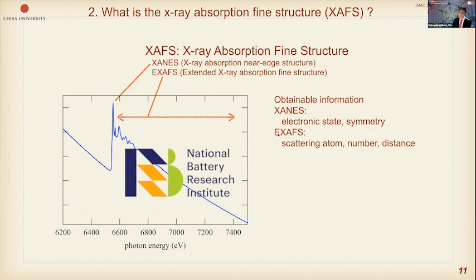On the other hand, EXAFS provides information about the scattering atoms. It means what kind of atoms are near the absorbing atom, how many atoms there are, and how long the distance is between the absorbing atom and the nearest scattering atoms. That is the obtainable information by analyzing EXAFS.